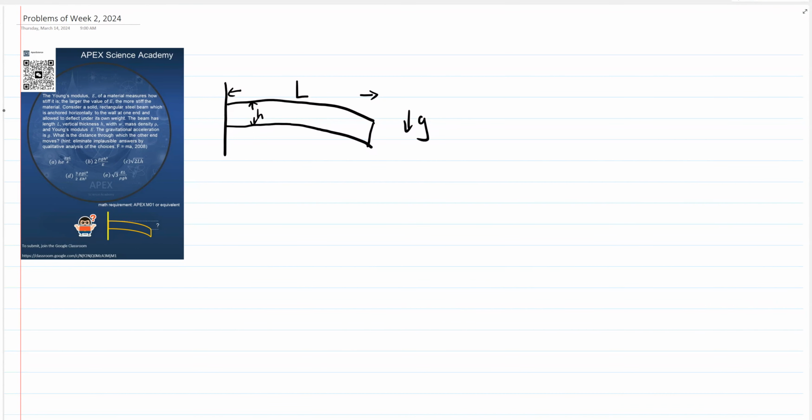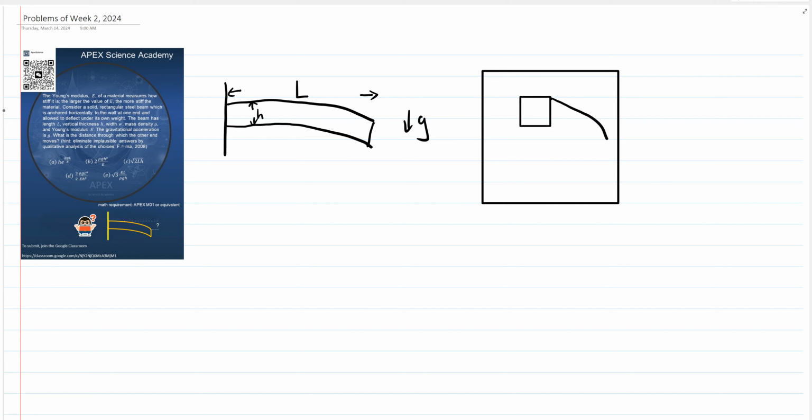The width is W, but we will have to go to a cross section to look directly at the width. So in that case, let me draw. This is a wall, right? So I'm looking towards the beam now, and I have the beam starting over here, and it's going to be bending down because of its own gravity.